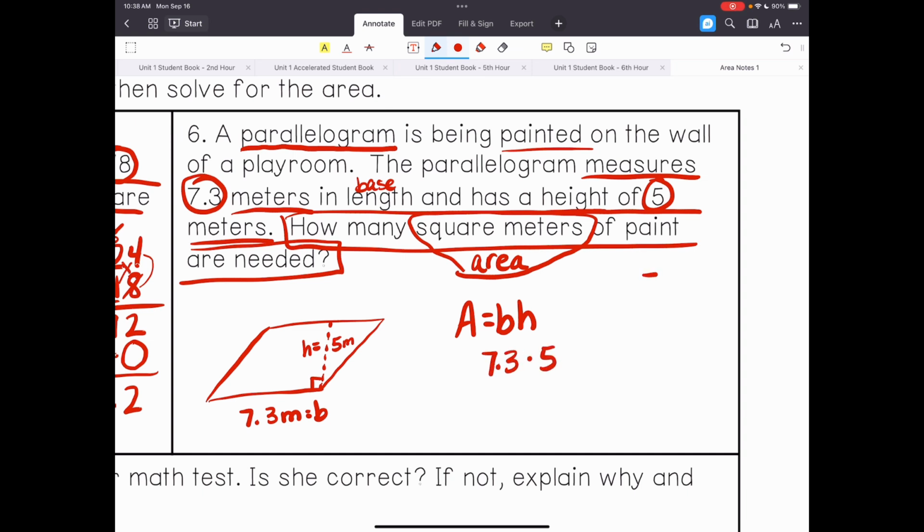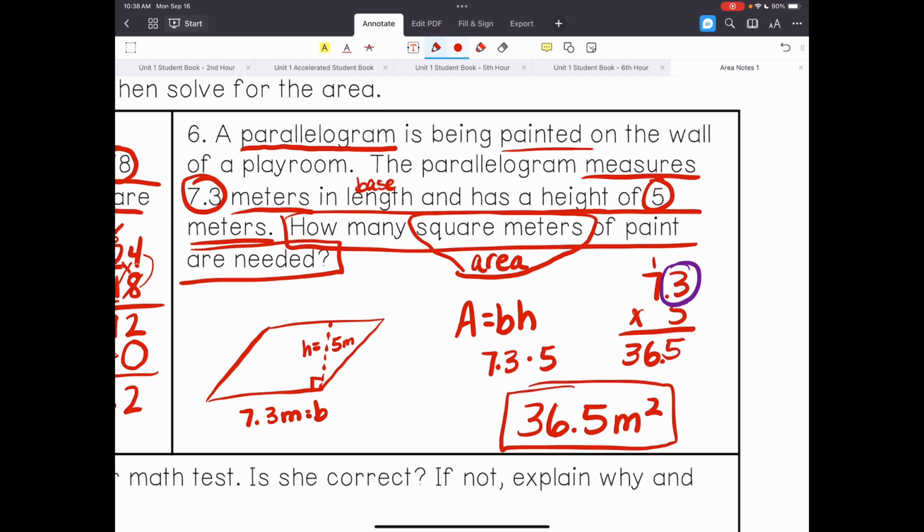Let's set that up, 7.3 times 5. 5 times 3 is 15. 5 times 7 is 35, plus 1 is 36. Looking back to the original problem, there is one digit after the decimal. So we're going to put one digit after the decimal. 36.5 meters squared is how much paint you're going to need to do that.